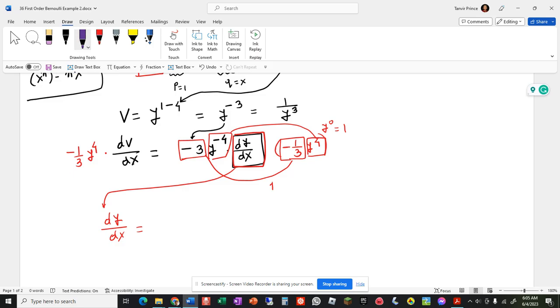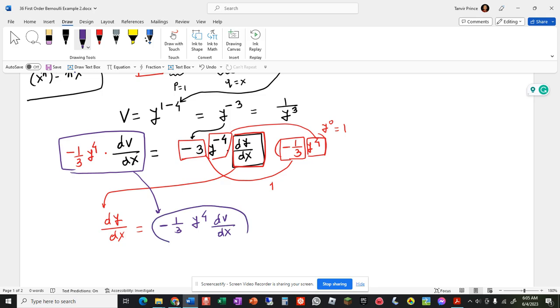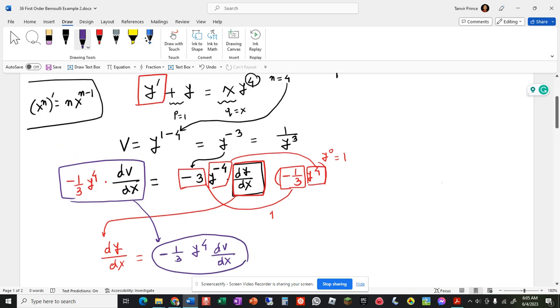On this side, I'll just copy it. Now at this point, you simply substitute this in place of dy dx. So that goes in place of y prime here. Let's do that.